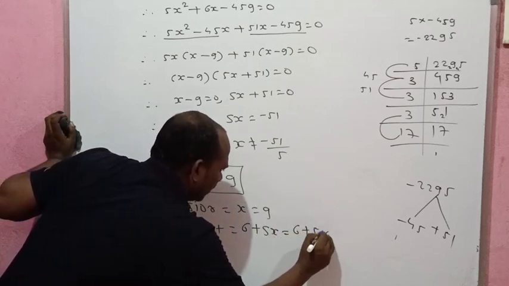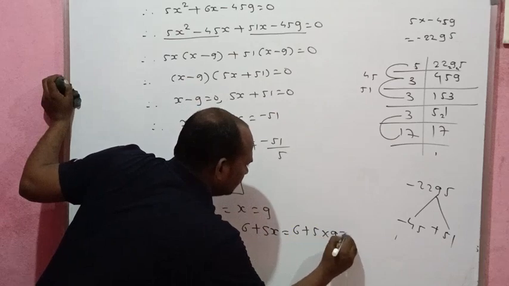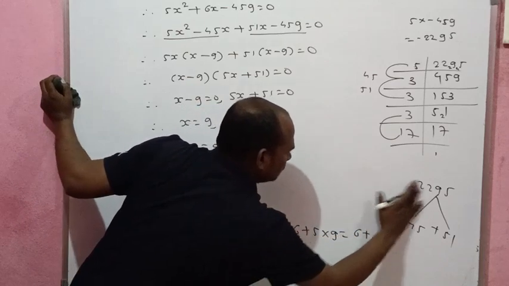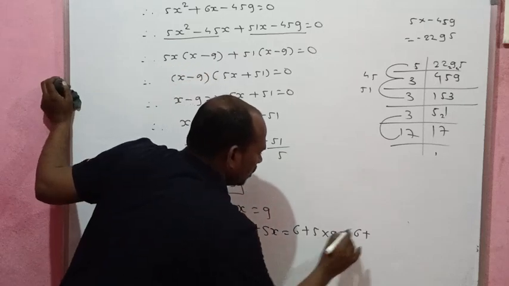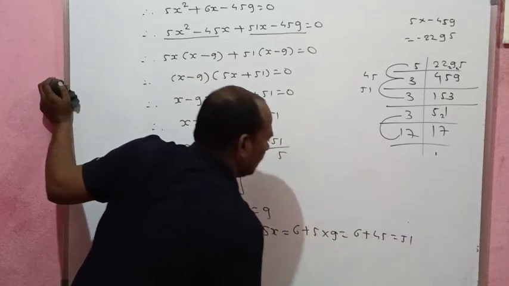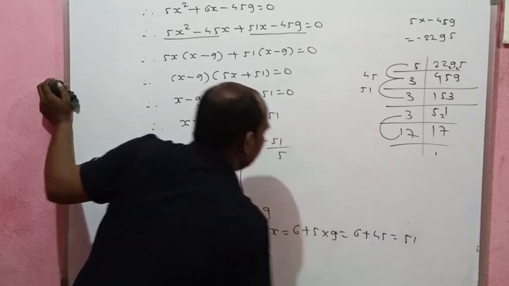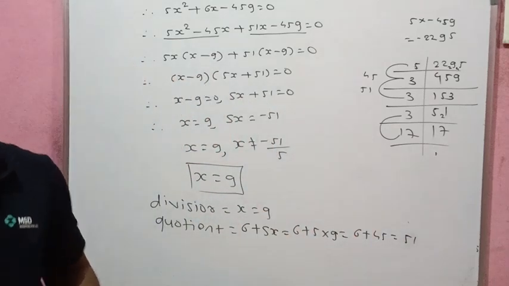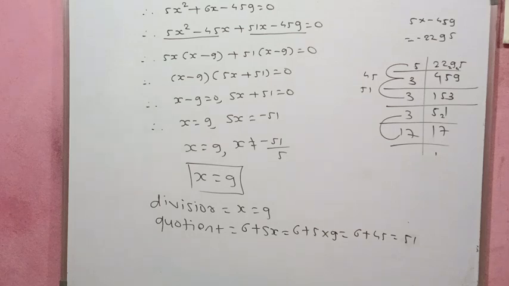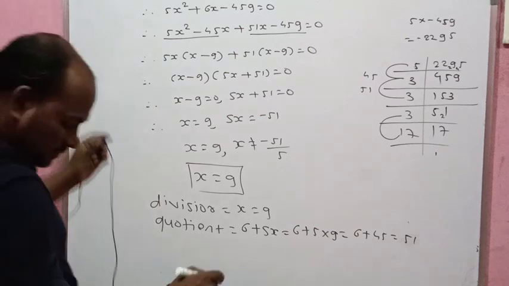6 plus 5, x value 9. That is 6 plus 4 9s are 45 is equal to 51. Now this is quotient. Now the last question.